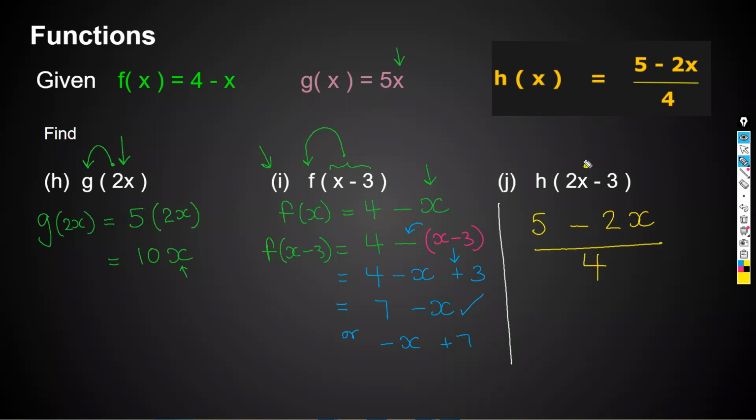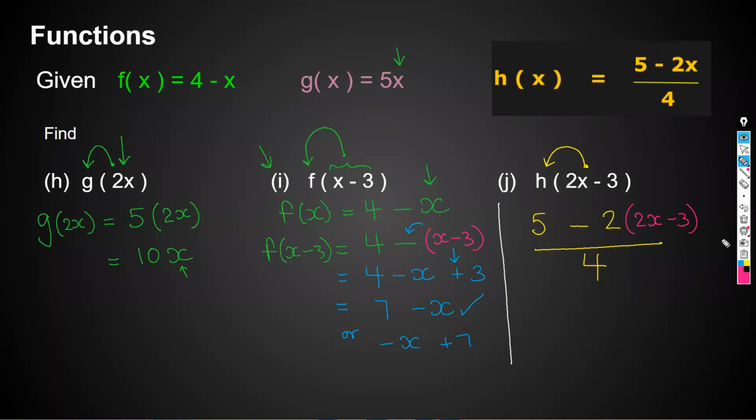But when we are going backwards, because we have this in the brackets as usual, we're going to throw away this x. So let me erase it there. And I'm going to replace it with, in brackets, 2x minus 3. Right, so I'll throw away the x and I'll replace it with whatever's in the brackets.